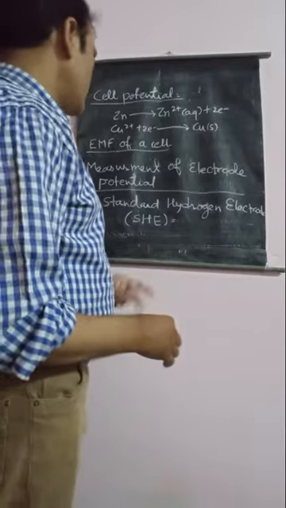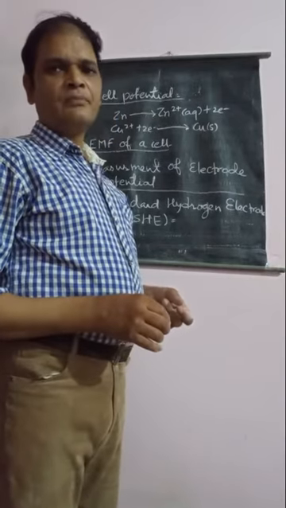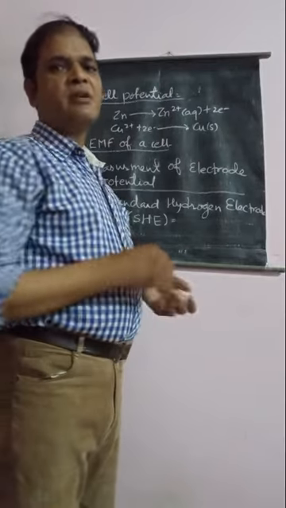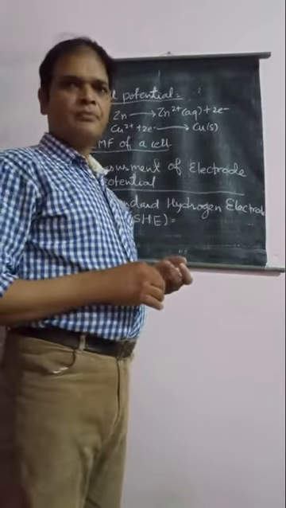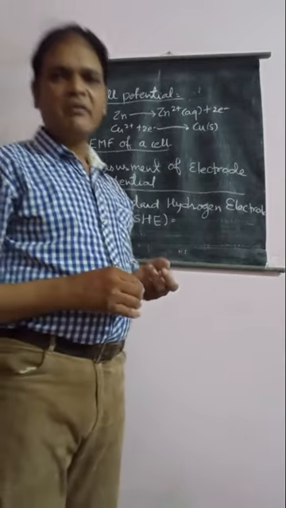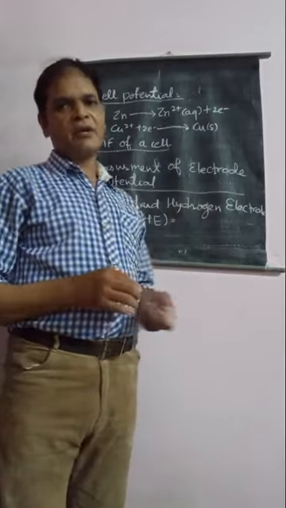Generally, our standard hydrogen electrode can either work as anode when an oxidation reaction takes place in the standard hydrogen electrode, or it can also behave as cathode when a reduction reaction takes place in this standard hydrogen electrode.